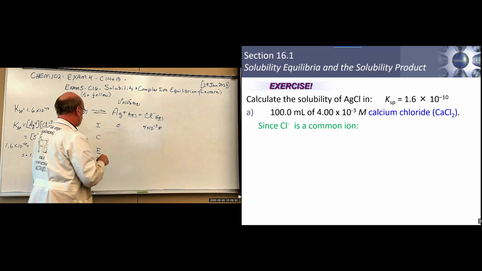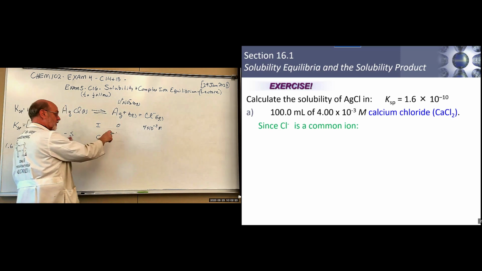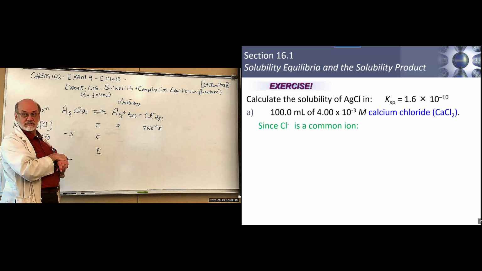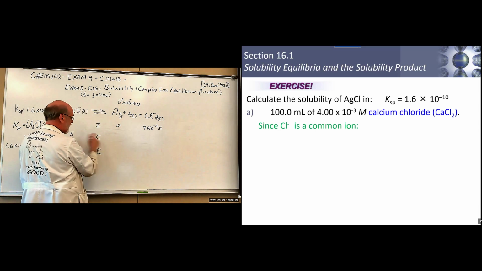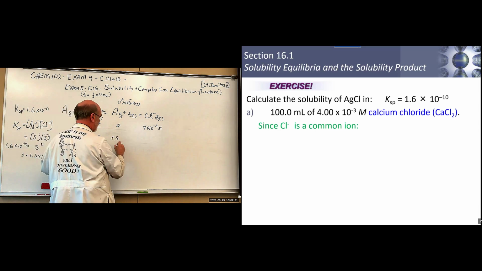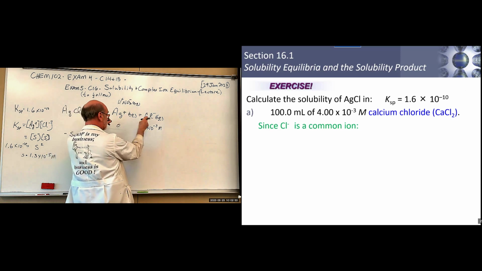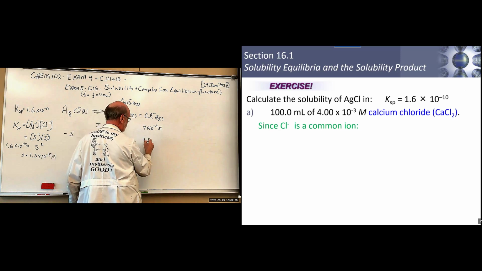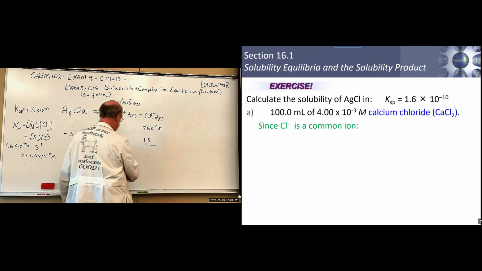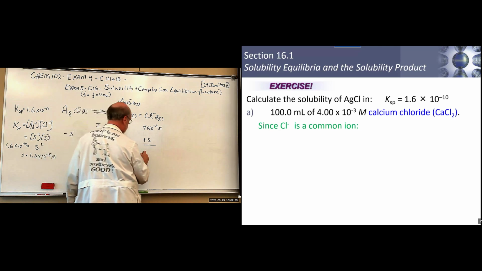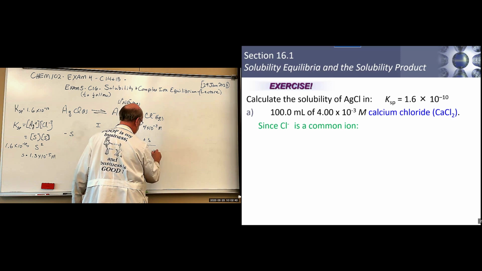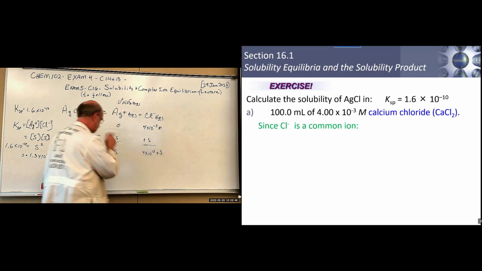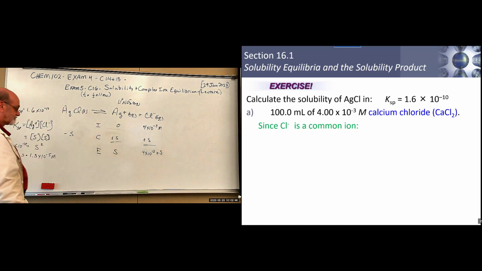Okay. So now we're still going to move to the right because that was 0. And so we're going to add an S over here. And that means that for every one of these, there's one of those. So that means we have another S over here. But at equilibrium, we're going to have an S here, plus we're going to have a 4 times 10 to the minus 3 plus S. Okay.